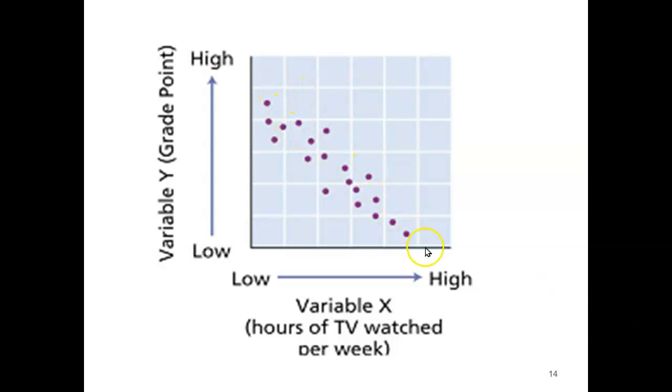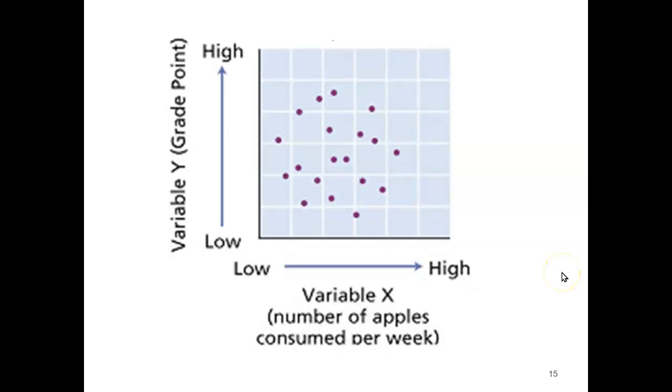Easy to find the line of best fit. So the higher the grade point average, the less likely that you watched much TV. Grade point and number of apples consumed each week, there is no correlation. I dare you to find a line of best fit in there. You can't, because there's no correlation between how many apples you eat and your grade point average.